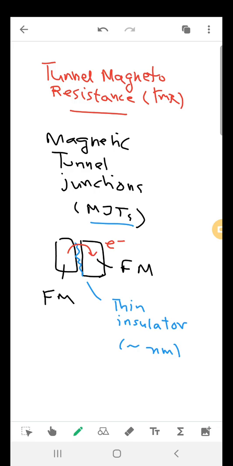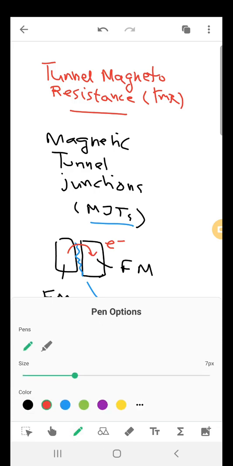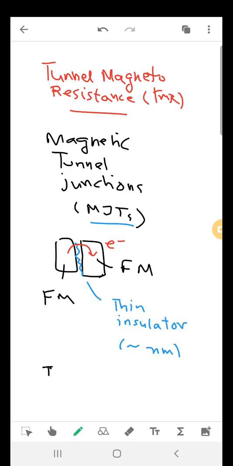Now, these magnetic tunnel junctions are manufactured in thin film technology, so we need deposition of thin films to occur, and on an industrial scale these are mainly produced by magnetron sputtering.